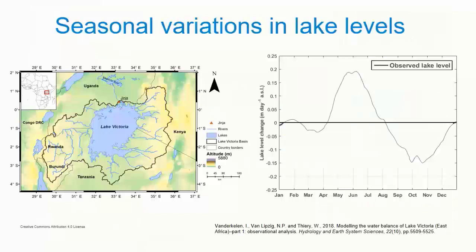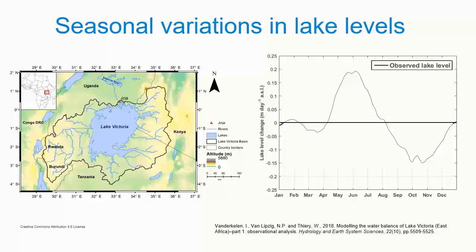Water quantity also varies naturally in lakes due to direct precipitation onto lake surfaces, as well as changes in the inflows and outflows of rivers and groundwater systems connected to the lake. Variations may be especially high in small lakes, but even in great lakes like Lake Victoria, there are clear natural variations.